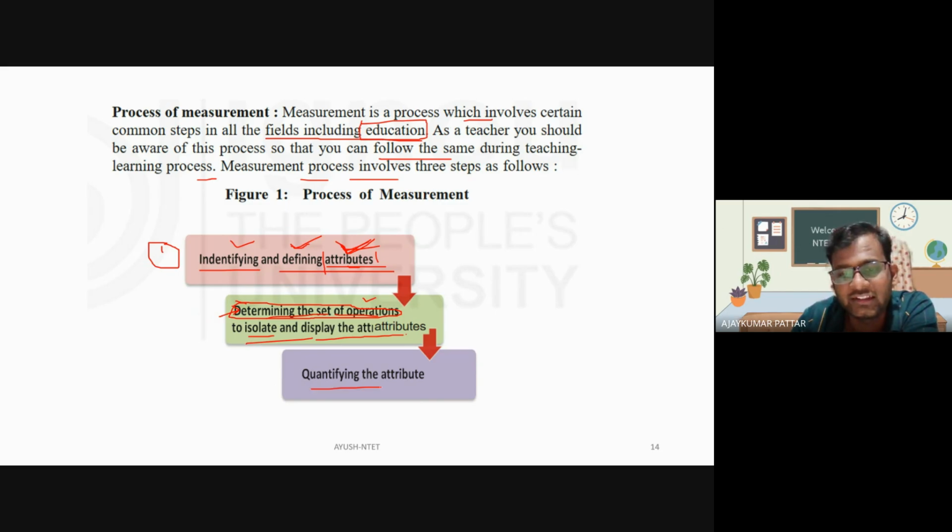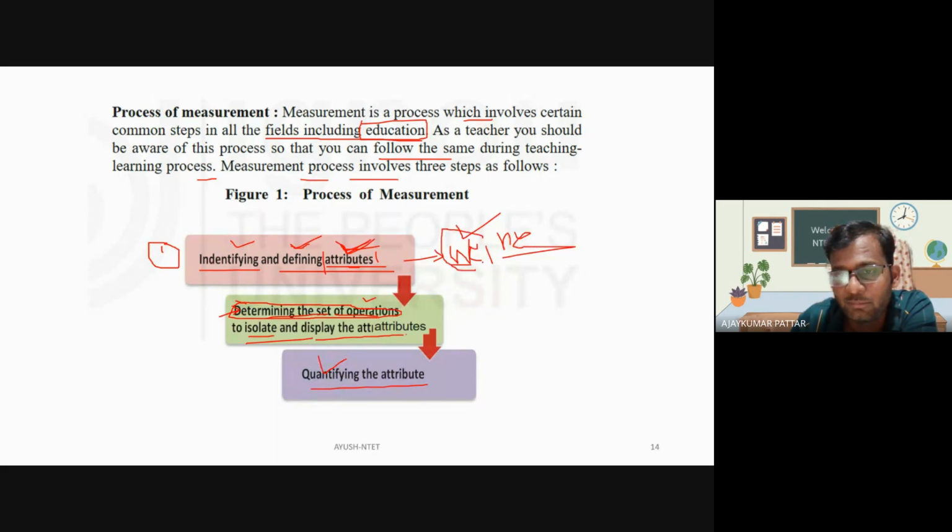Then quantifying the attribute. For example, if I want to measure height or weight. First I will identify the attributes, weight of the student and height of the student. It is difficult writing with a mouse, that's why my words are not clear.